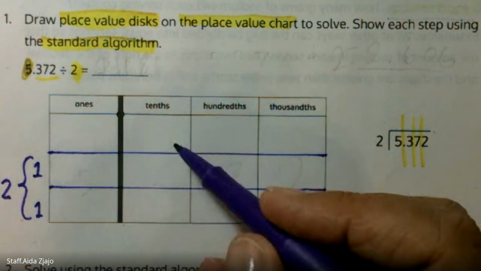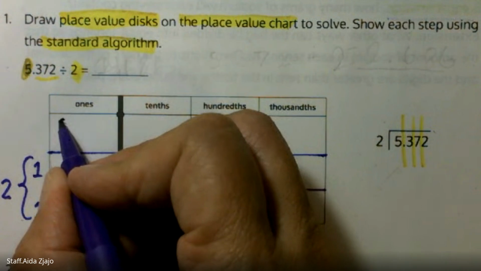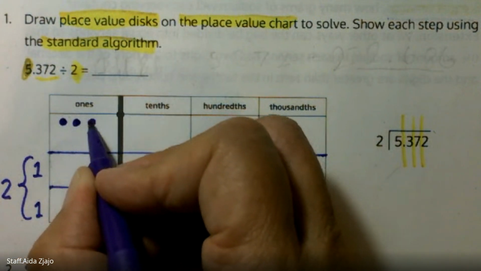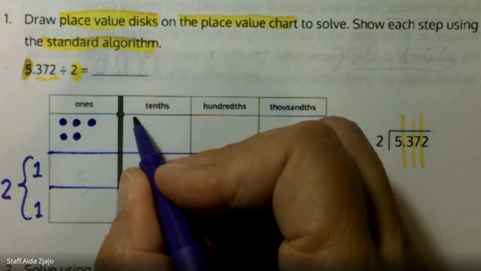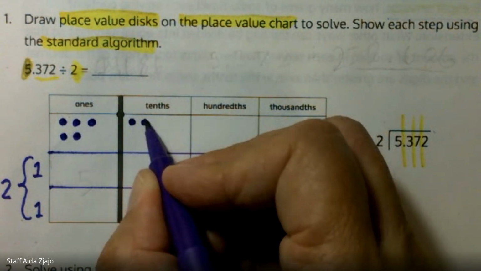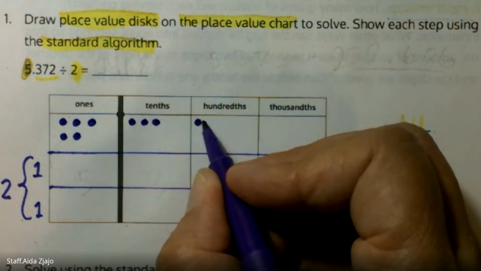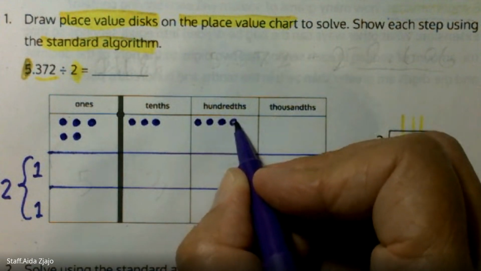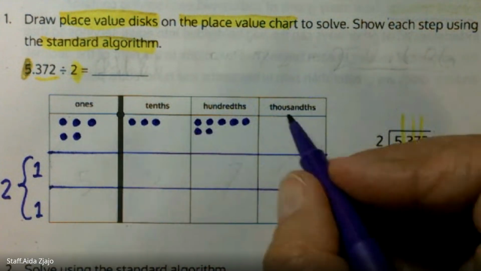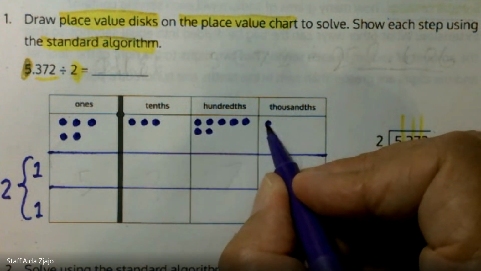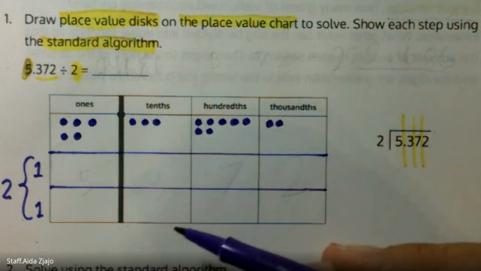Now I'm going to draw disks for the number. So 1, 2, 3, 4, 5, and then 3 tenths: 1, 2, 3, and 7 hundredths: 1, 2, 3, 4, 5, 6, 7, and then 2 thousandths: 1, 2. We need to share it into two groups.